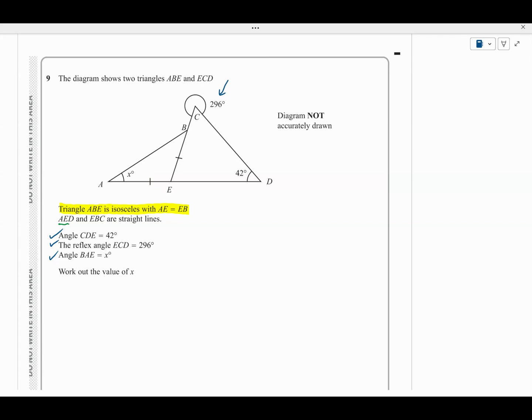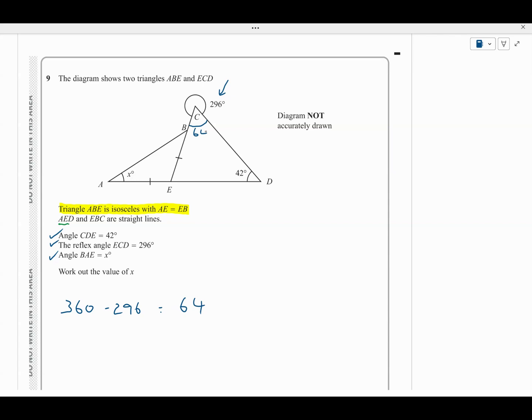Well, there are lots of different things you can do. If you can't see your way to what you're going to do, just work out what you can, and that will probably help you out. I'm thinking that angle at C is going to be 360 minus 296, so that angle at C is going to be 64.